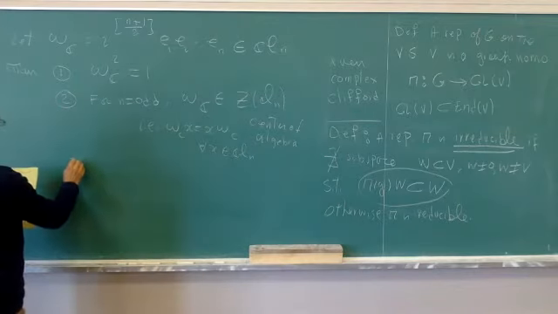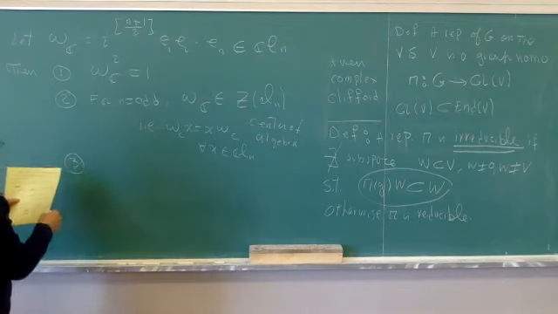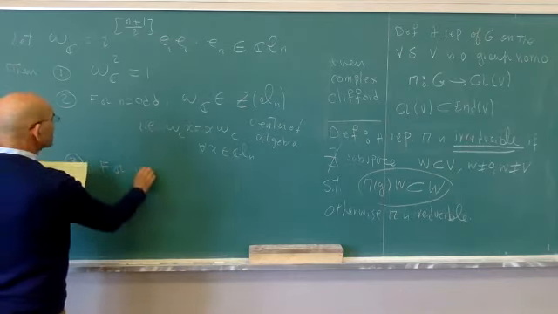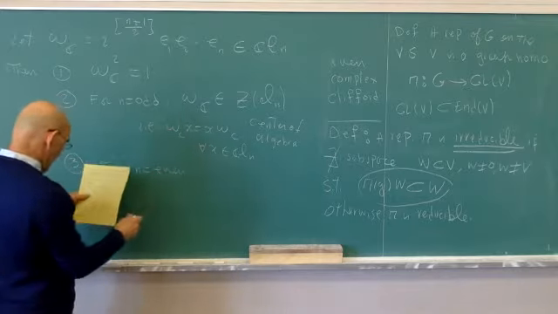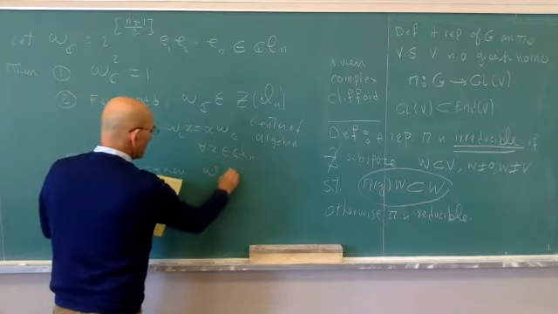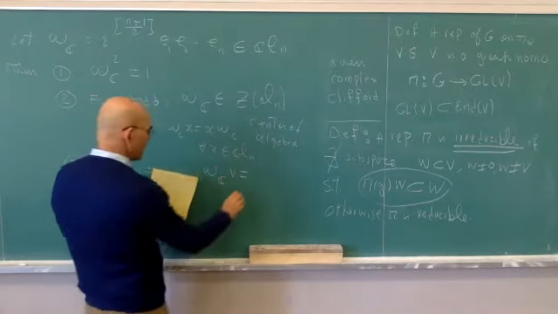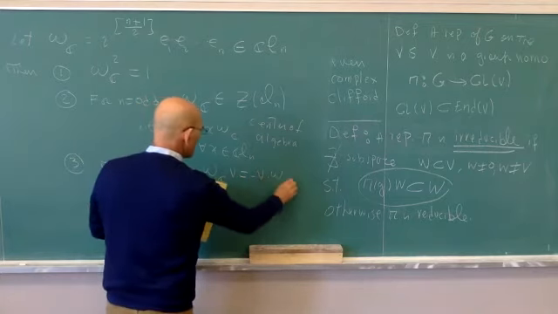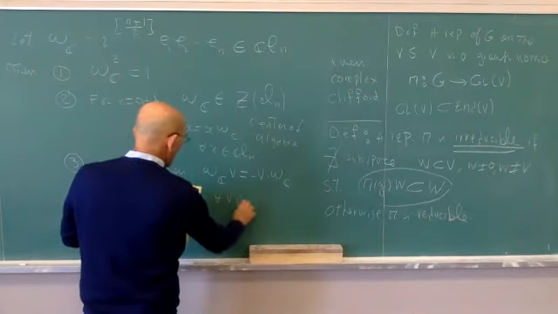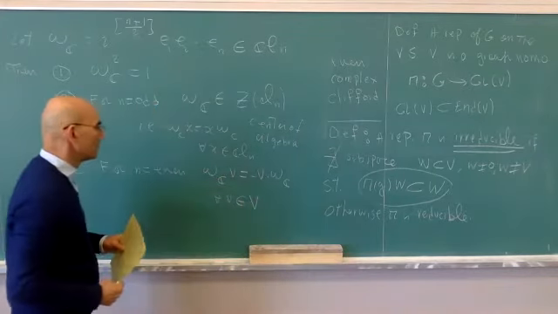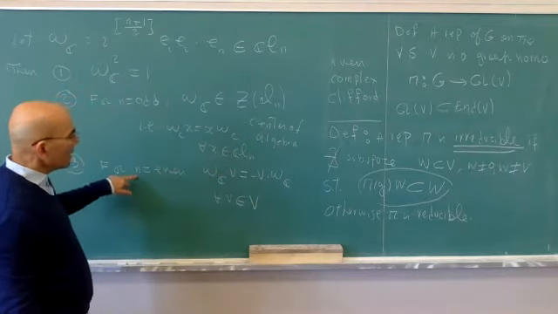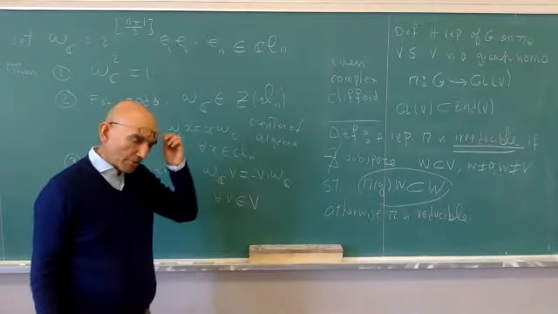And thirdly, for n equal to even, omega c v is equal to minus v omega c for any element v in your vector space V. So if n is even, this element is not central.